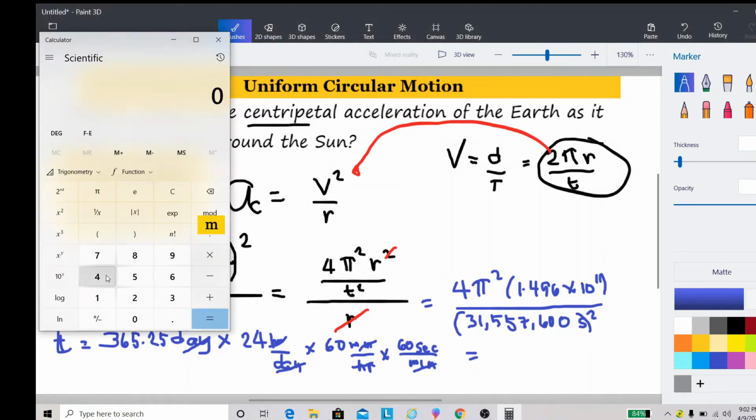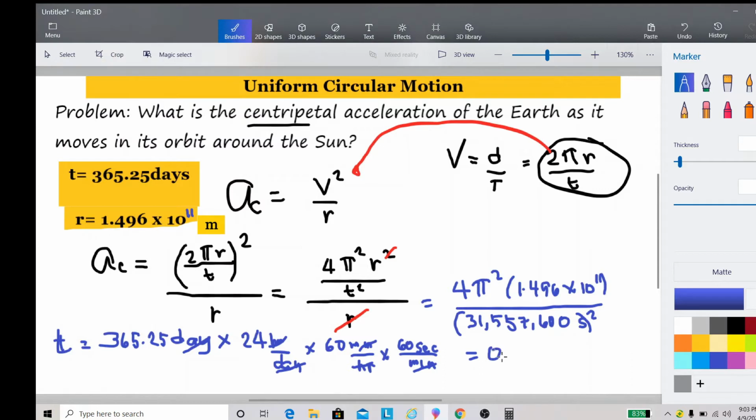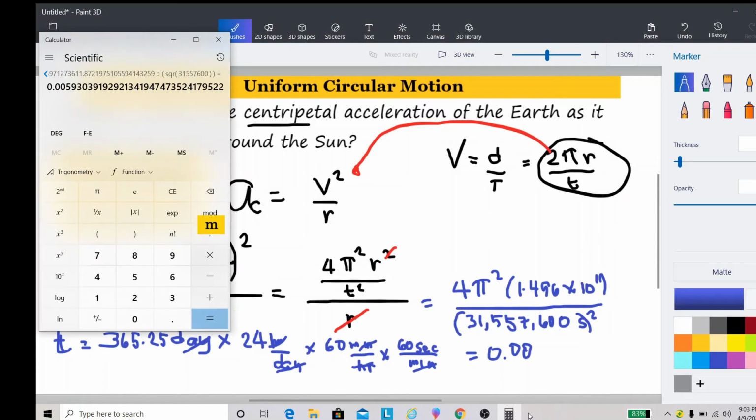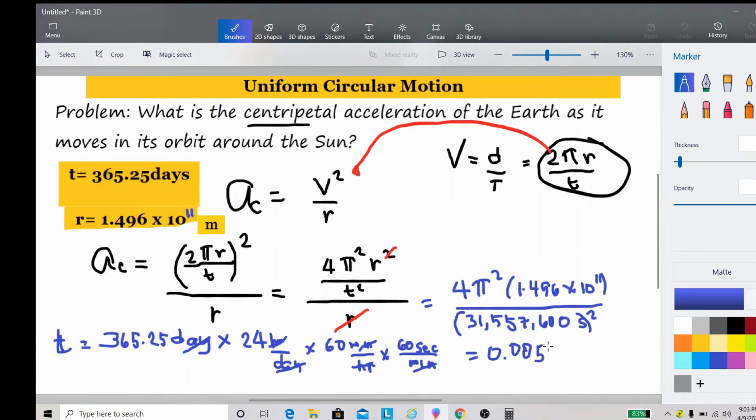So we have 4 times pi squared times the quantity 1.496 times 10 to the positive 11, divided by the quantity 31,557,600, and then we square that, and the answer is 0.00593 meters per second squared. Okay, that will be our answer.